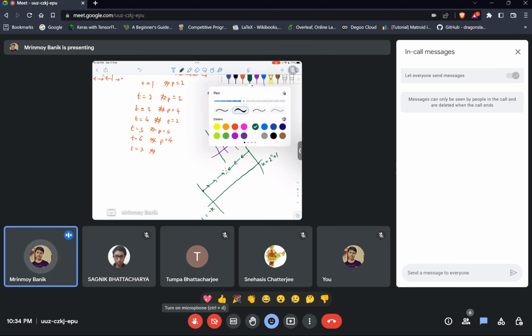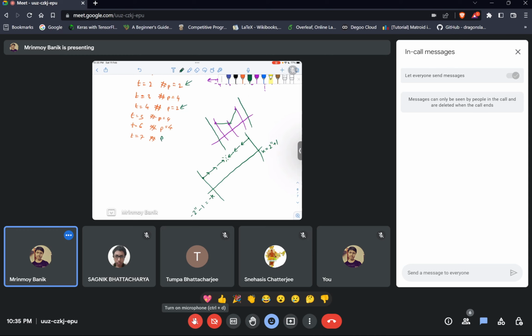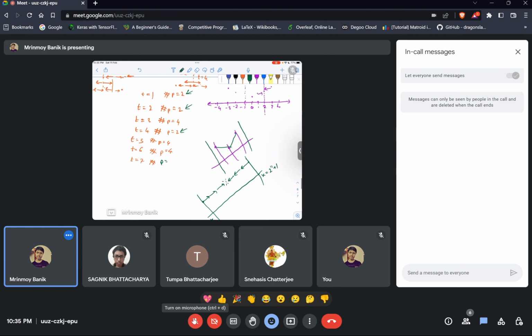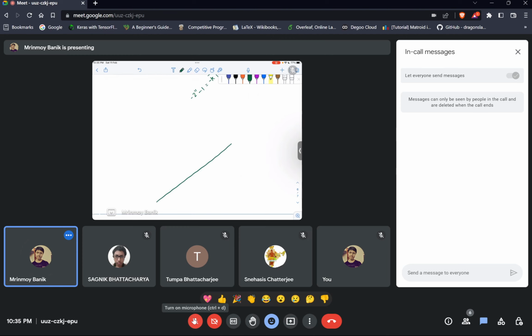It seems like at all perfect powers of 2, they are resetting to 2 points. Okay, so then 0, 1, 2, 3, 4.